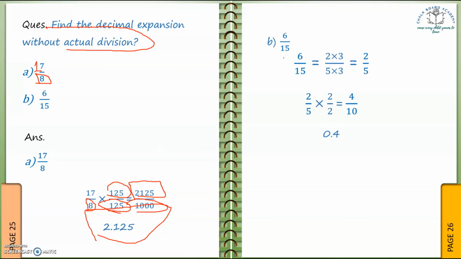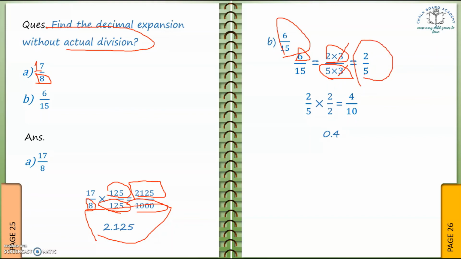Now another question, we have 6 by 15. Here we can see that 15 is a multiple of 3 and 5. And luckily the numerator 6 is also a multiple of 3. So 6 is equal to 2 into 3, and 15 is equal to 5 into 3. So the 3 from top and bottom cancel out and we get the result as 2 by 5.